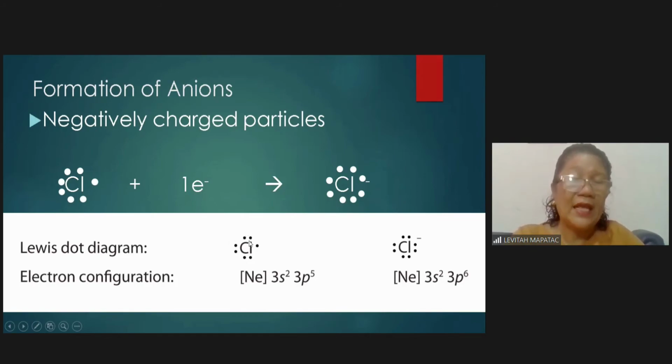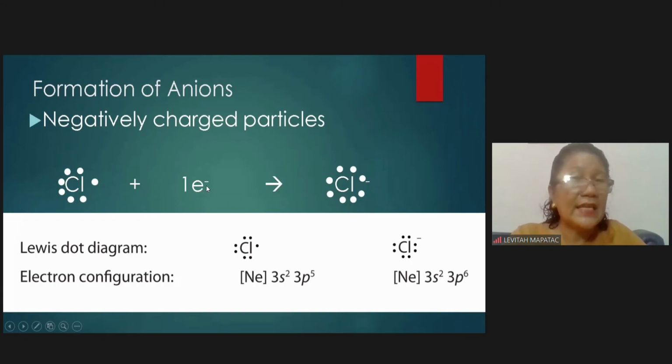In your chlorine, it needs 1 electron in order to have the octet rule of 8. So it needs to gain 1 electron. Therefore, your chlorine here, which has 7, needs one electron in order to conform with the so-called octet.